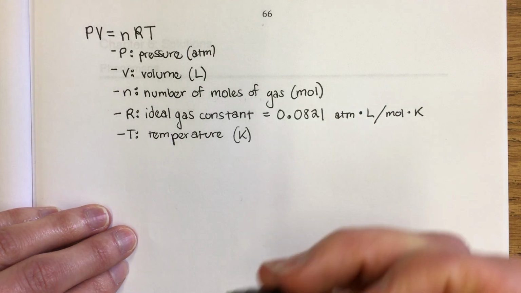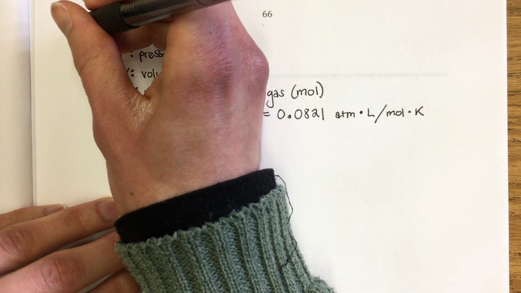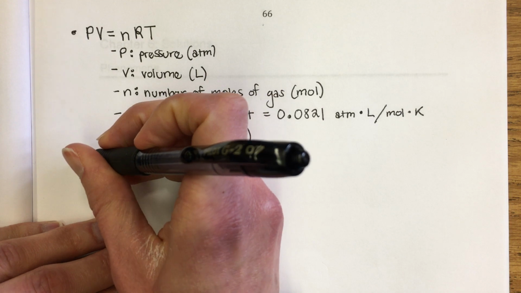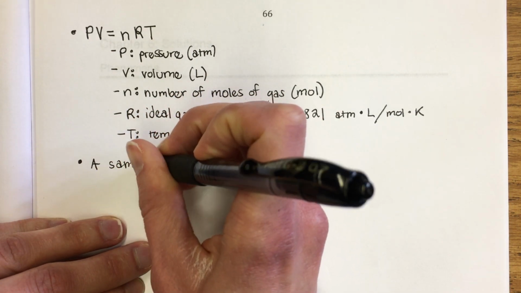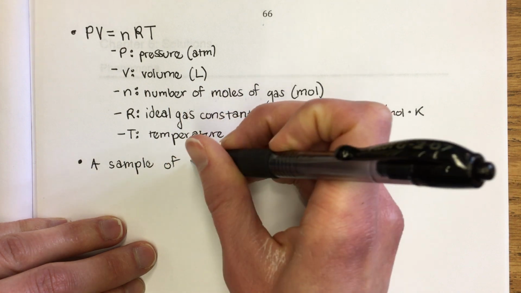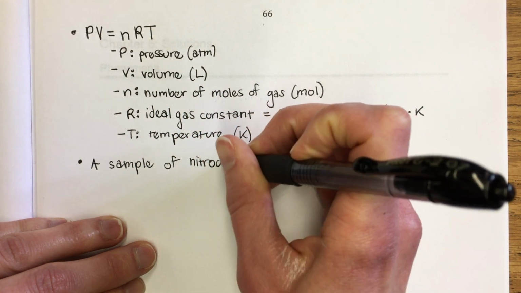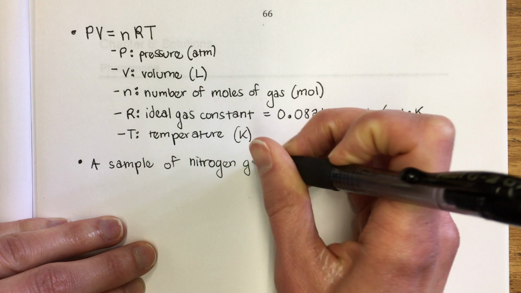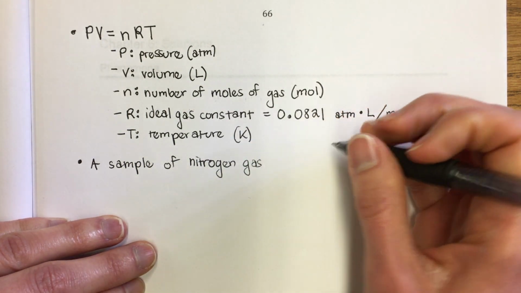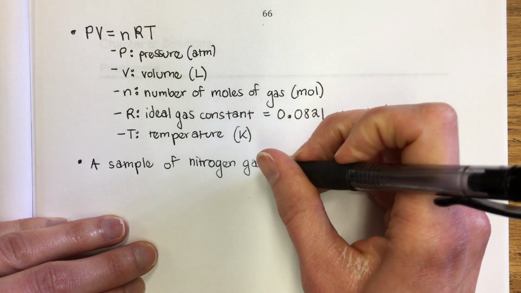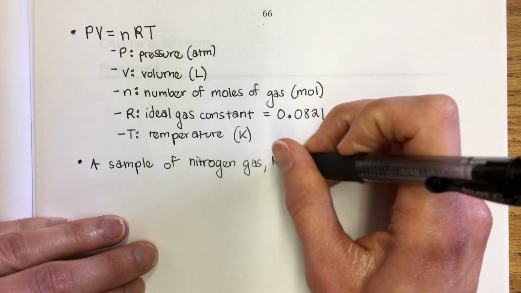If they give you anything in any other units besides these, you're going to need to do some converting. So let's do one example of calculating something with this law. A sample of nitrogen gas. Now nitrogen, remember, is one of the elements that is diatomic, so it always exists in pairs. So it's going to be N2.